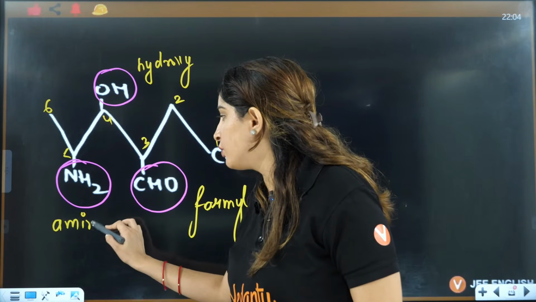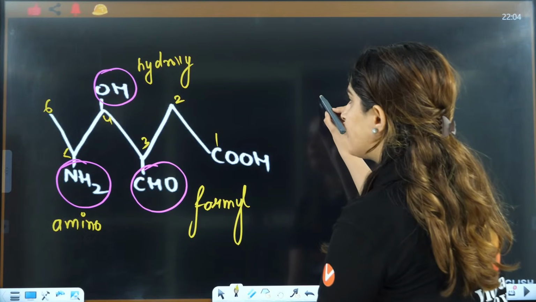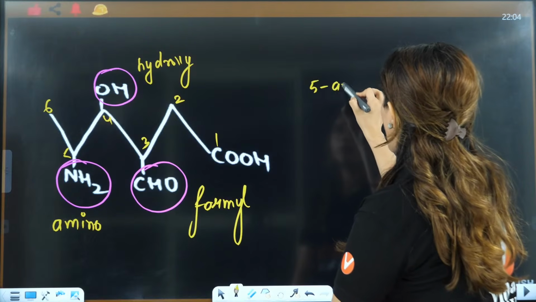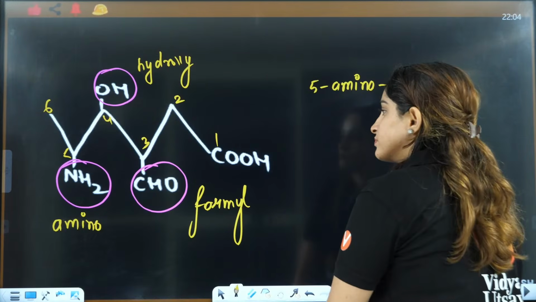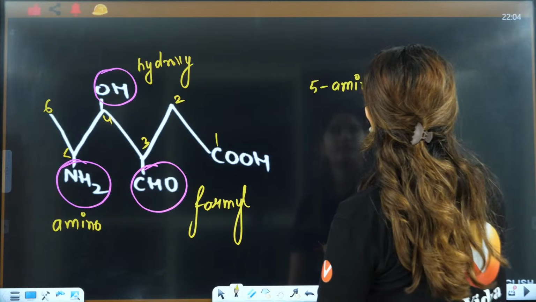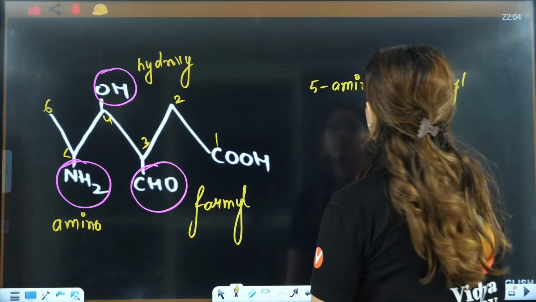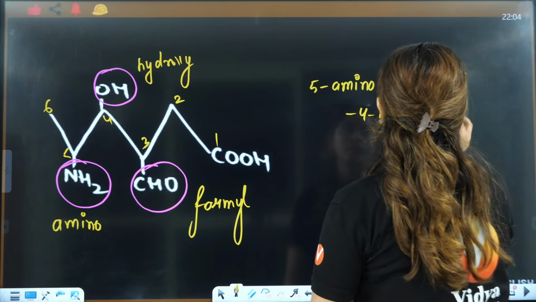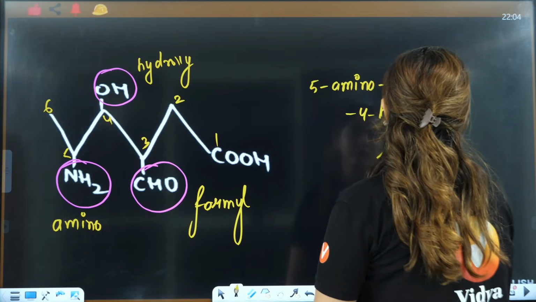So now firstly I'll write 5 amino, according to alphabetical order. Then I'll write 3 formyl, then I'll write 4 hydroxy, then that is hexanoic acid.